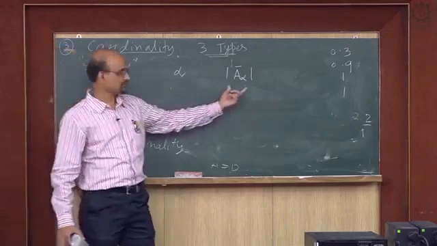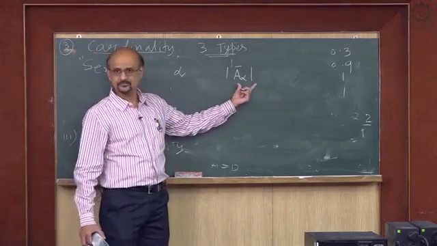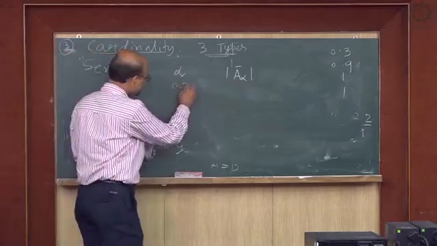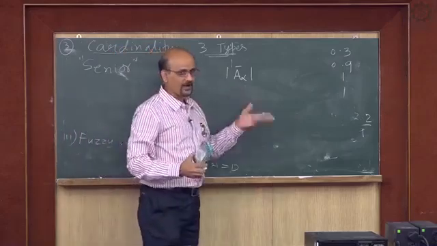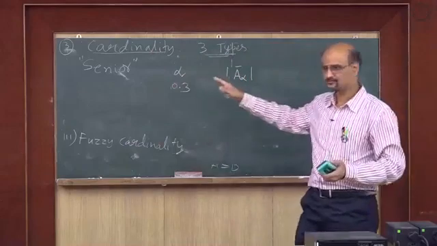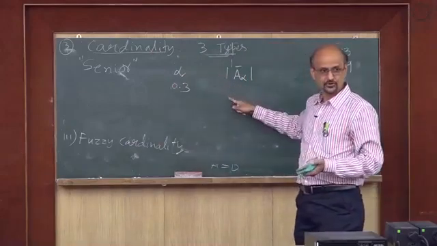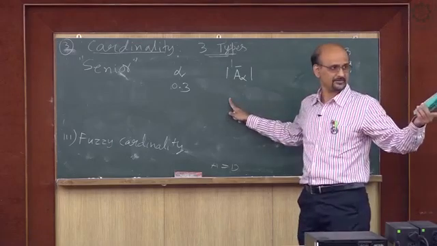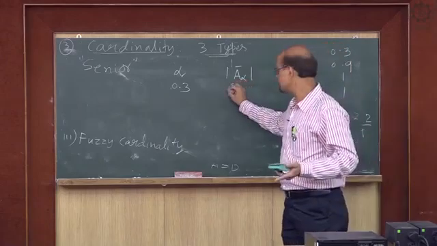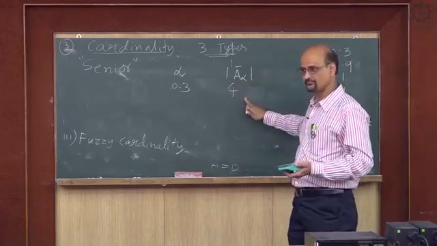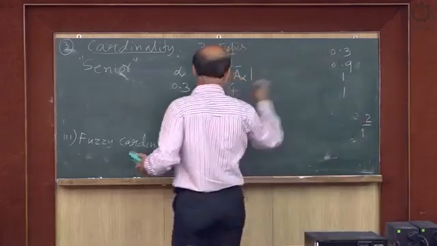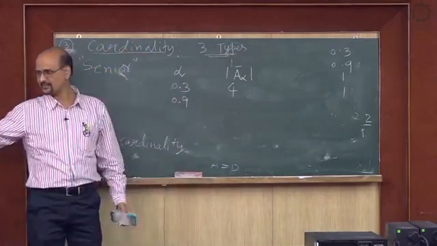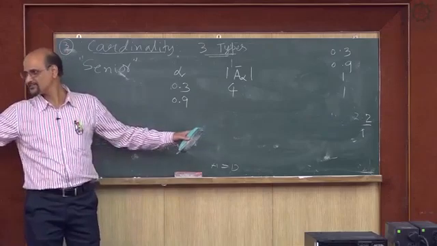So, this is your crisp cardinality for that alpha level set. If I take alpha equal to 0.3, in A alpha bar how many elements will be there, greater than or equal to 0.3, 4. You can see your examples from previous days, the number of elements will be 4. Similarly, if I go for 0.9, 0.9 means greater than or equal to 0.9. What are the elements that you will get? 3.